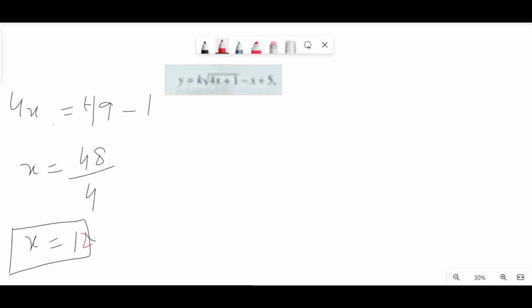So y will be equal to, now the value of k is 10.5, so 10.5 into (4 into 12 plus 1) whole power 1 by 2 minus 12 plus 5.